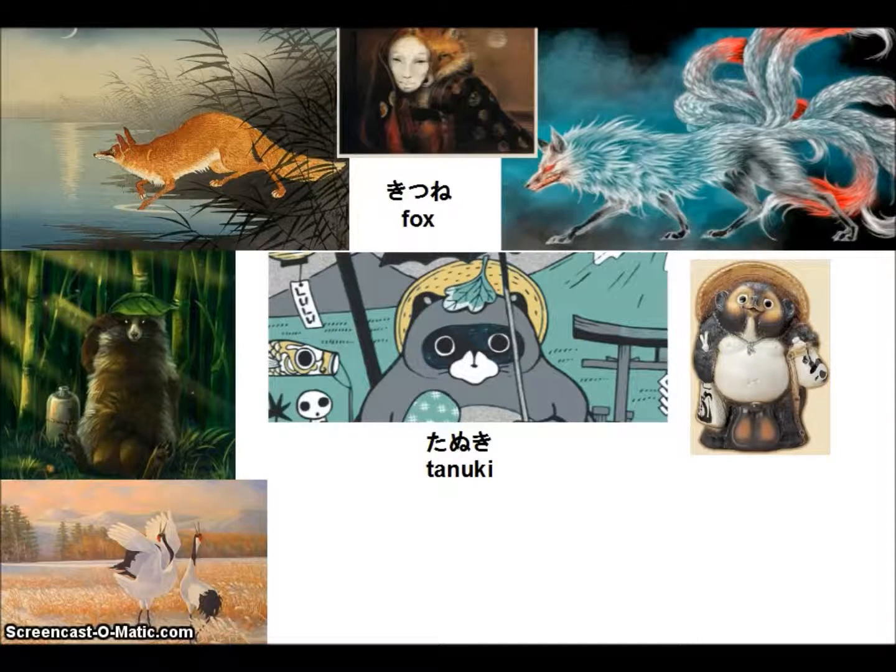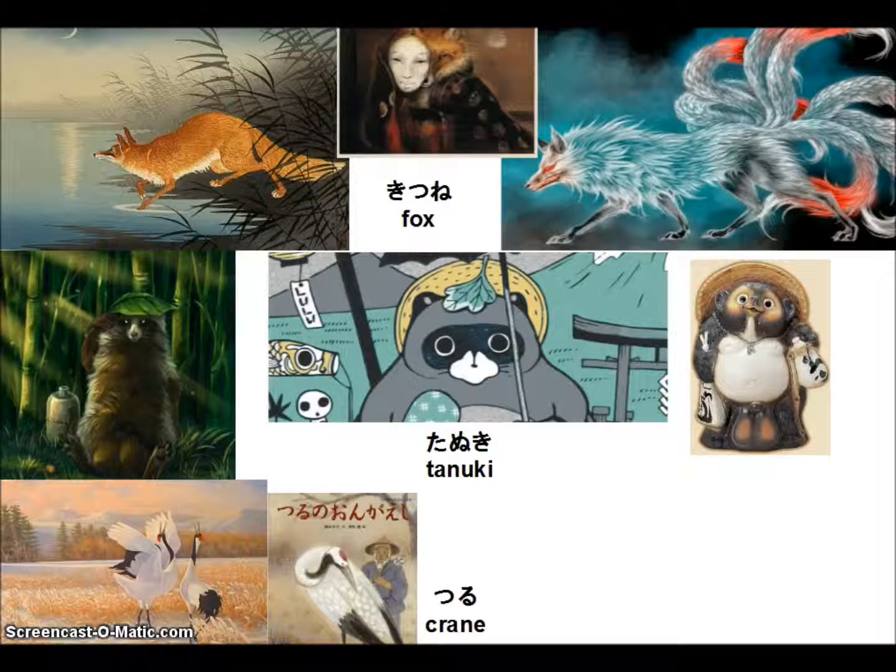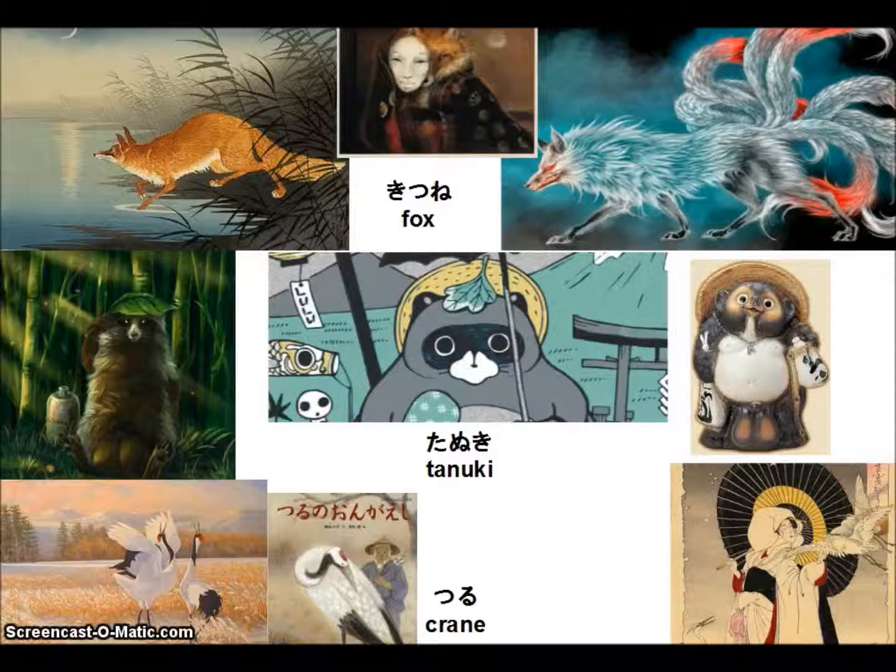We're also going to talk about the Japanese crane, or tsuru, and there is a legend that when you do a crane a favor, it will do something great back for you. There is a legend where a man helps a crane out of a trap and it flies away, and eventually he goes home and a beautiful woman arrives at his door and asks to stay with him.